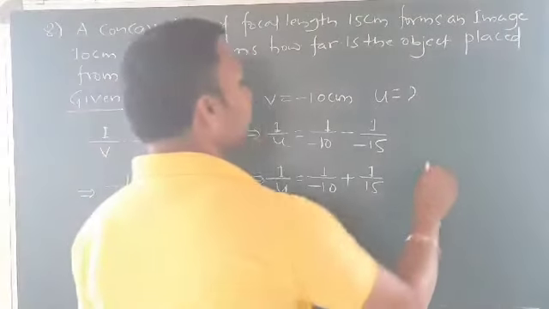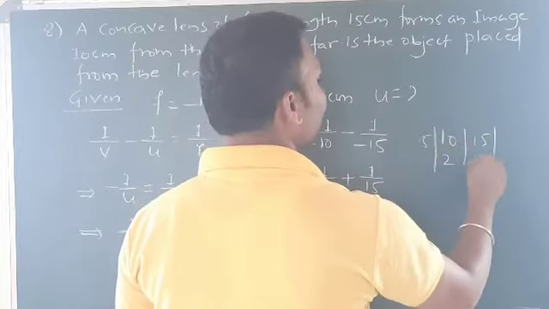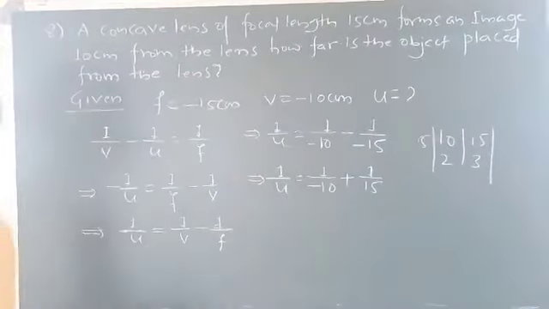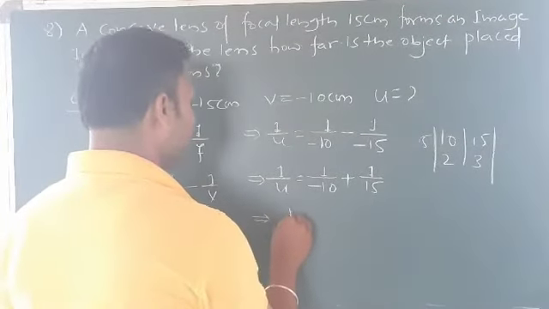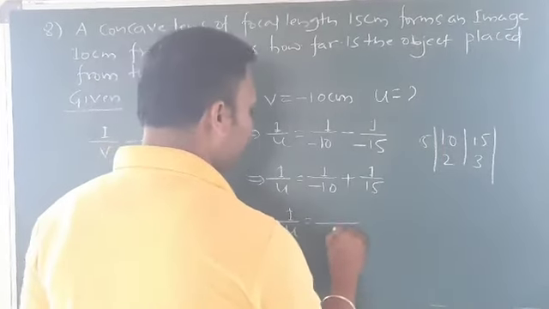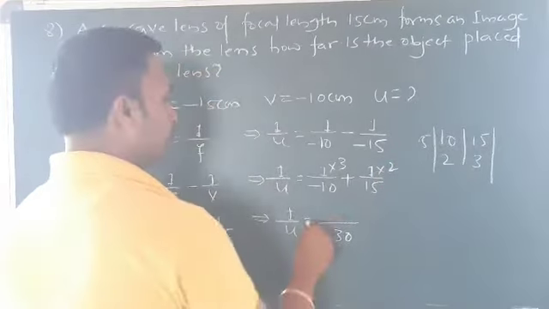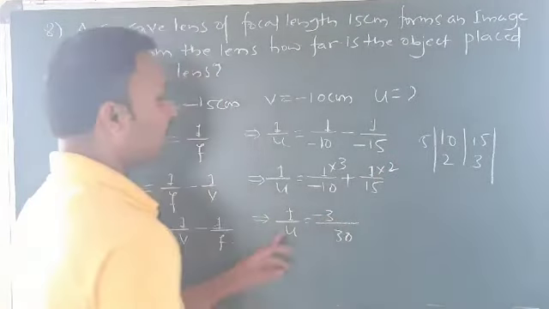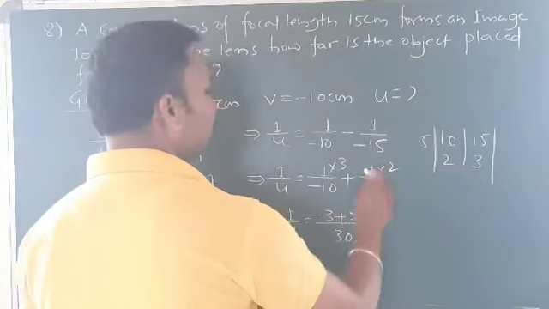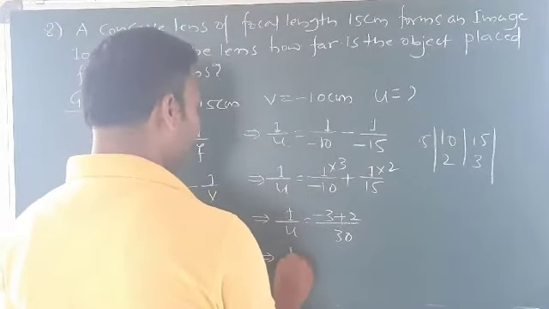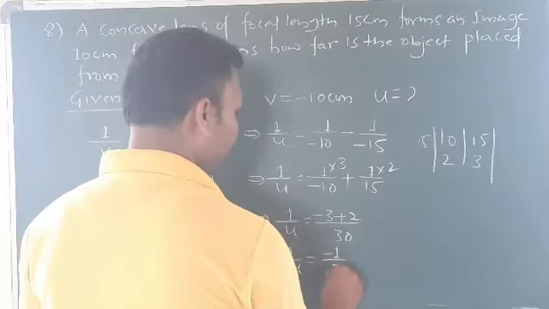Now I will take the LCM of 10 and 15: 5 twos are 10, 5 threes are 15, and 3 times 2 is 6, into 5 is 30. So 1 by u is equal to the LCM 30: 3 goes in the first term as minus 3 and 2 in the second, plus 2.